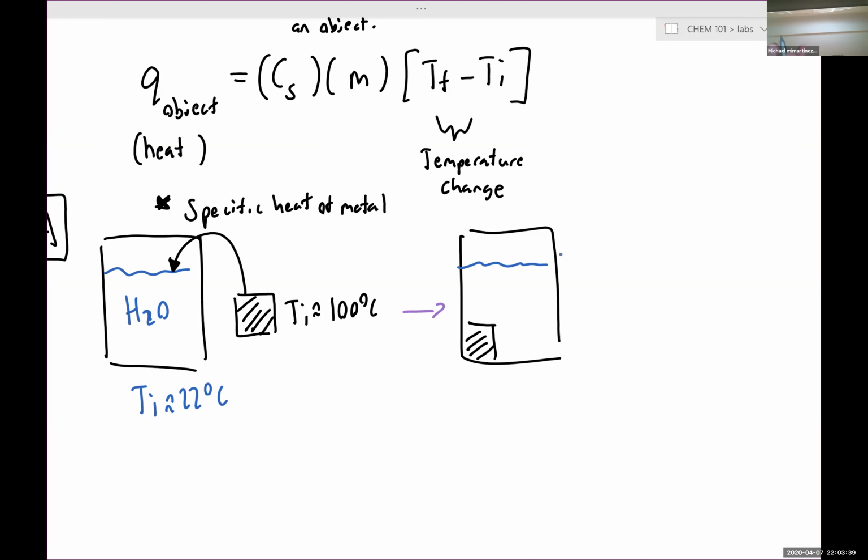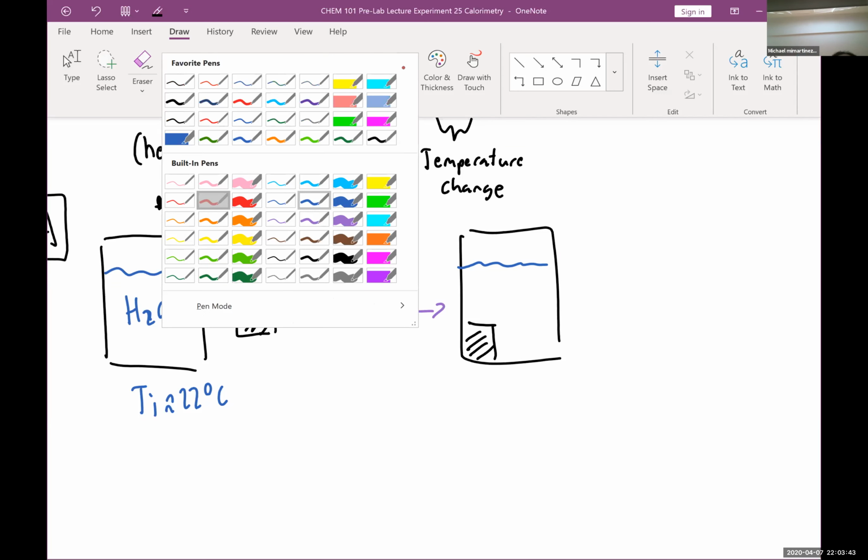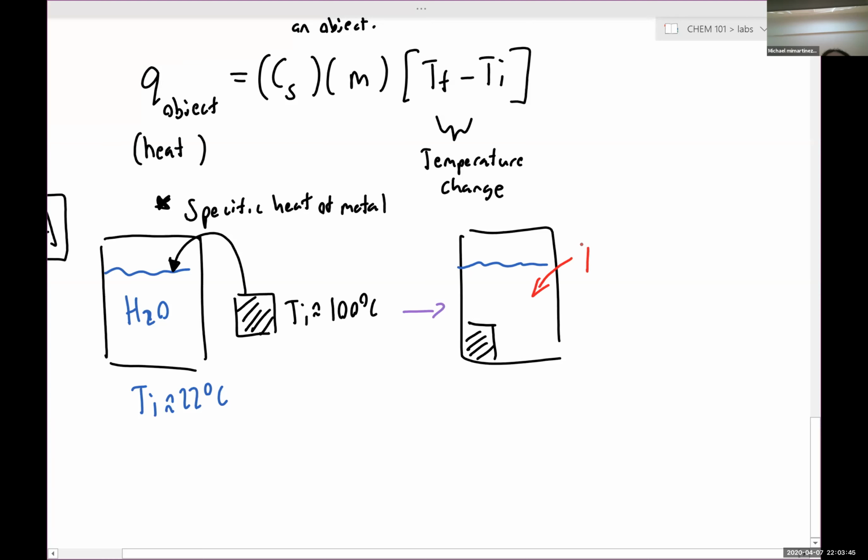Yep, exactly right, the same temperature. And we'll call this temperature T final. So this is the final temperature of both the metal and the water.